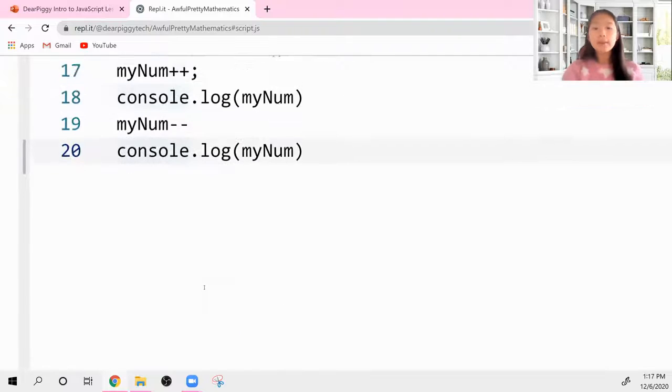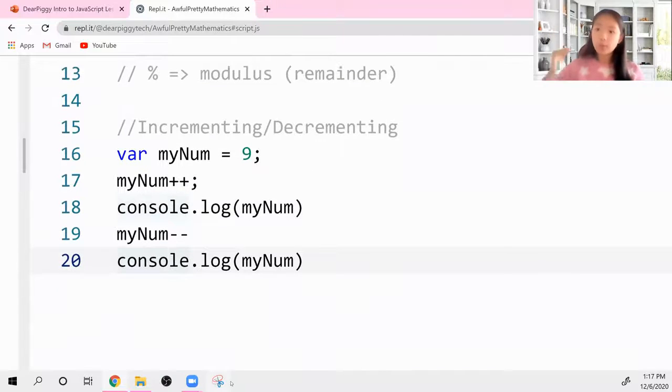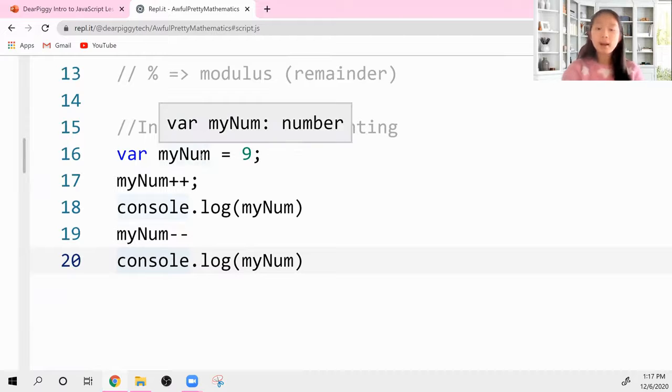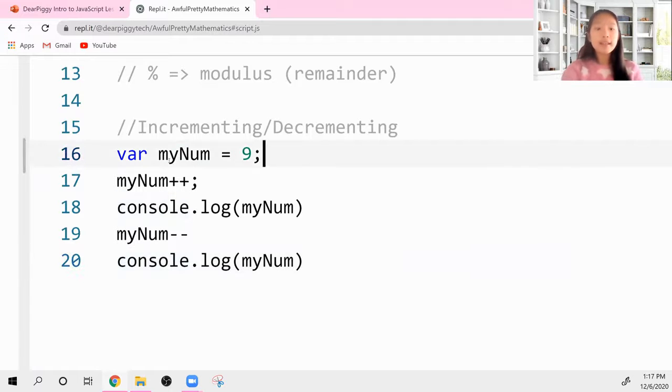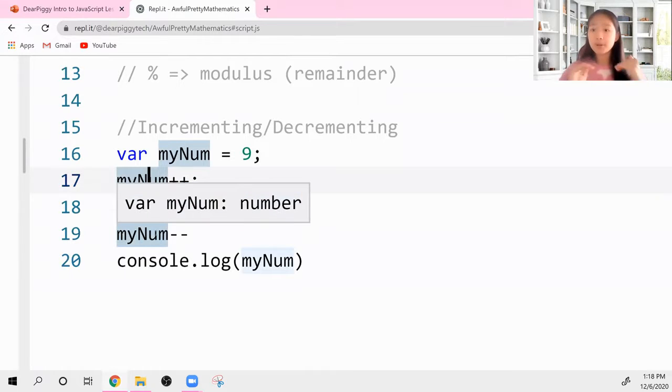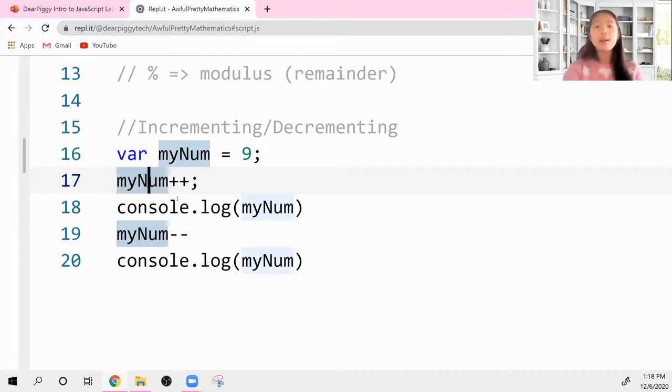Now, this is where we really want to go over the order in which the program looks at our code. On line 16, myNum is equal to 9. On line 17, since we added 1, myNum is equal to 10. On line 18, myNum is still equal to 10, except we just printed 10 to the console. Since we know that plus plus is plus 1, we're assuming that minus minus is minus 1, right?